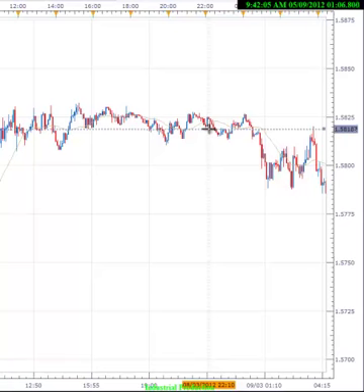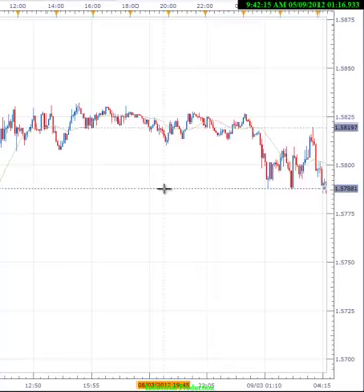For instance, in March, I would draw a resistance right here and a support right here. Now, these would be my levels from which I might want to execute a long or a short position, depending on the direction of the 5-minute news candle.